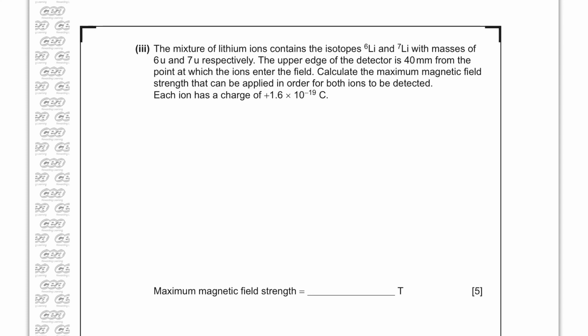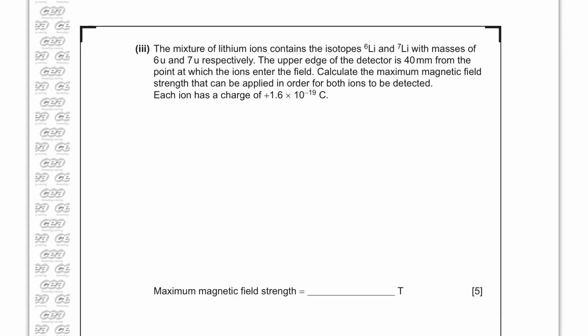The mixture of lithium ions contains the isotopes lithium-6 and lithium-7 with masses of 6u and 7u respectively. The upper edge of the detector is 40 millimeters from the point at which the ions enter the field. Calculate the maximum magnetic field strength that can be applied in order for both ions to be detected.